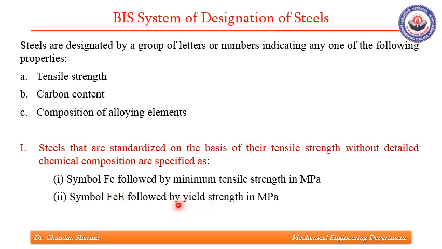For example, if I say the material is Fe E 250, that means it is a steel having yield point strength of 250 megapascal. The drawback of this designation is that it is merely showing the strength. It is not disclosing the percentage of carbon and percentage of alloying elements.